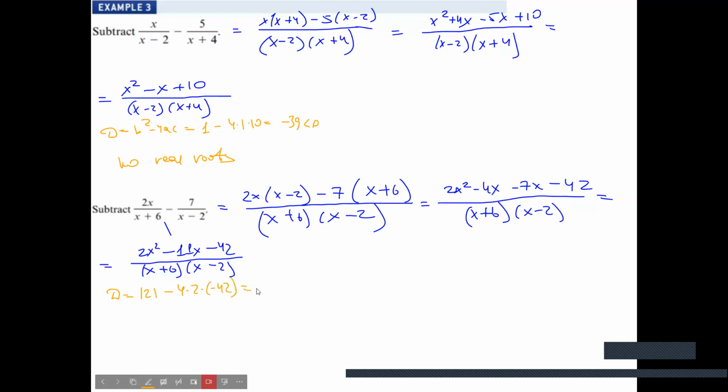I can take my calculator. So 121 minus 4 times 2 times minus 42. 457. Well, that's what it is. 457.